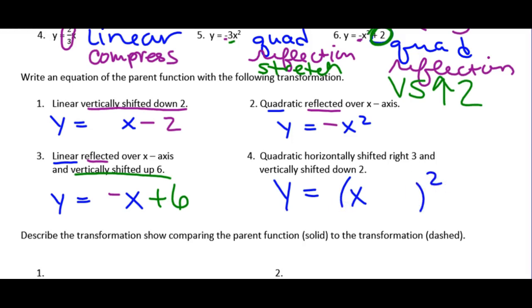Leave a little space so I can enter which way it's shifting. It says horizontally shifted right 3. So right is the positive direction. That means I need to put a negative 3. Then it says vertically shifted down 2. So that's going to be after the quadratic term, minus 2.